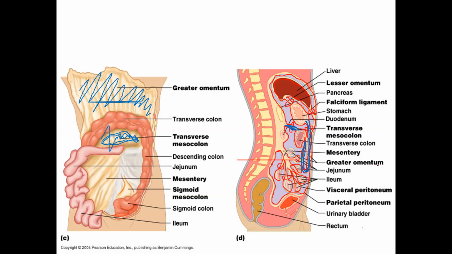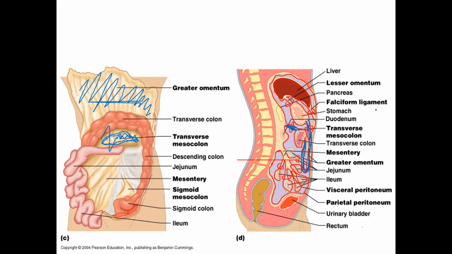So there's a lesser and a greater omentum, two of them. The third one connects the transverse colon to the posterior wall, which is called the transverse mesocolon. Number four is this one, which connects the liver to the anterior wall. It is called the falciform ligament. So four mesenteries I gave you.